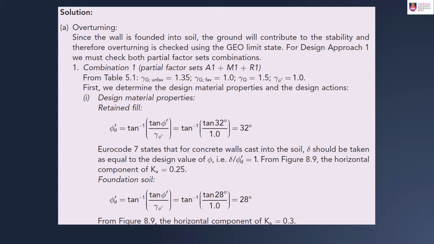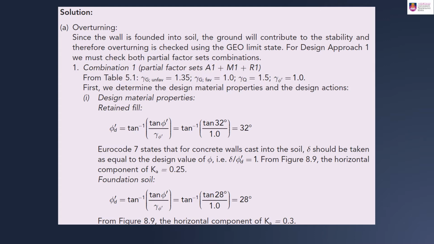So first of all are the design material properties. All these property values can be seen from Table 5.1 in the textbook Elements of Soil Mechanics by Smith. It shows here that for the retained fill, the effective phi is equal to 32 degrees, and Eurocode 7 states that for a concrete wall cast into the soil, delta should be taken as equal to the design value.